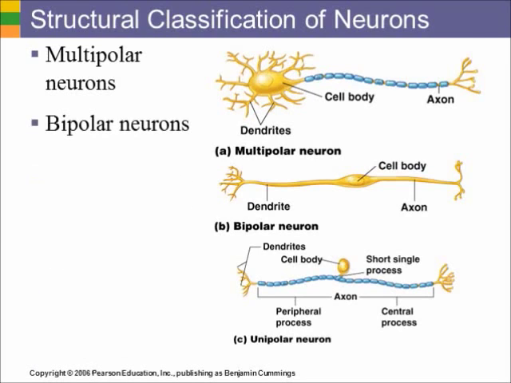Bipolar neurons, like right here, a bipolar neuron has one dendrite, one axon, cell body right in the middle. In the body, these types of nerves are very, very rare. You're only going to find them in your eyes and your ears, like in your retina for your eye, or the sense of hearing. So basically special senses are where you're going to see bipolar neurons.